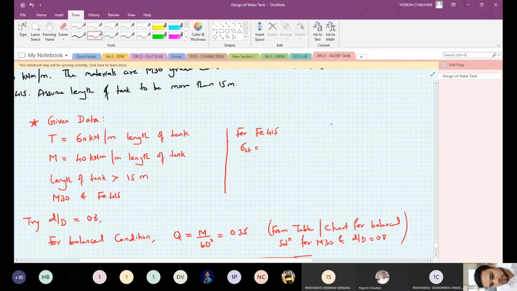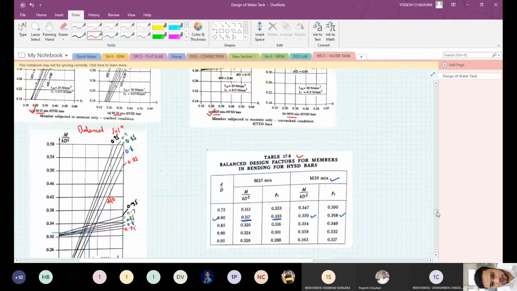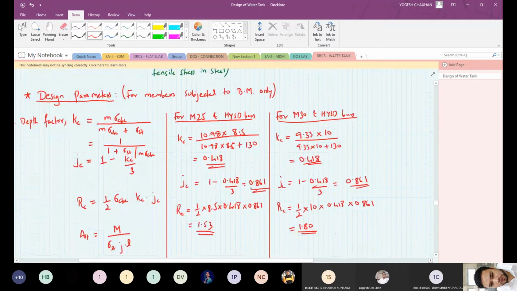For Fe415, sigma st is 130 MPa, and for M30 the value of j, lever arm factor, we have calculated earlier also.